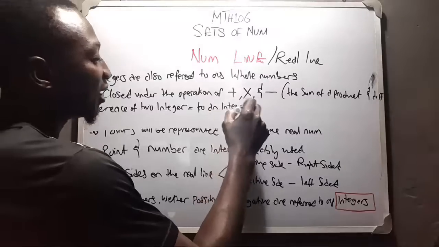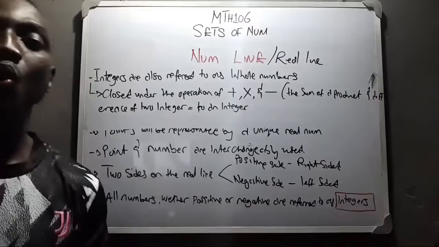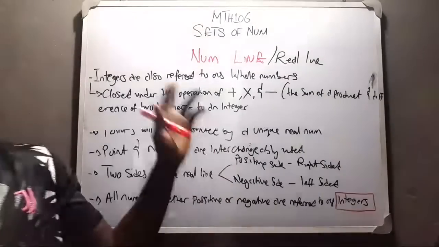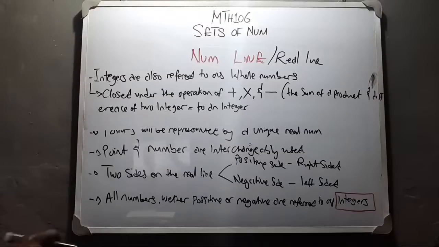Please don't be confused. We said integers are also whole numbers, and they are either negative or positive numbers that make up the number line. So do not be confused. That's the first important thing.